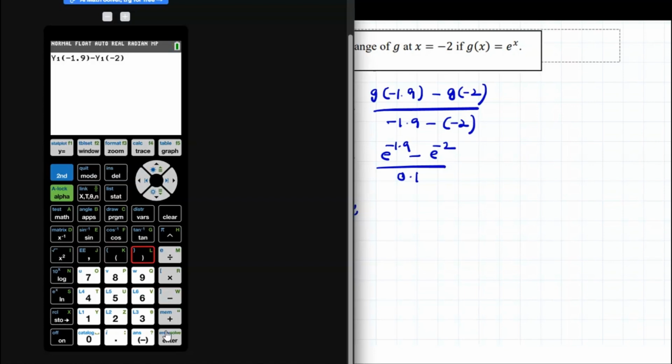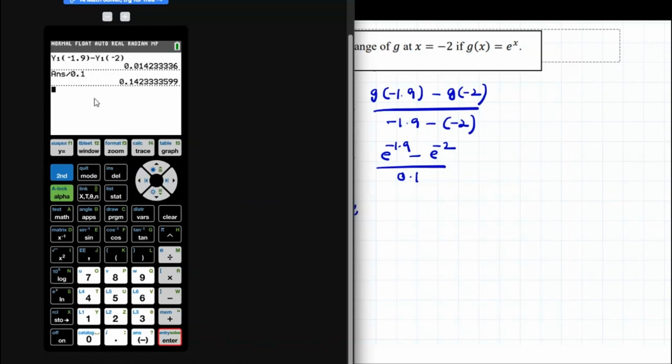Sorry, we have to use this minus here. Yeah, so this is the difference of the y values. Then we have to find the difference of the x values, that is 0.1. So we divide this value by 0.1.